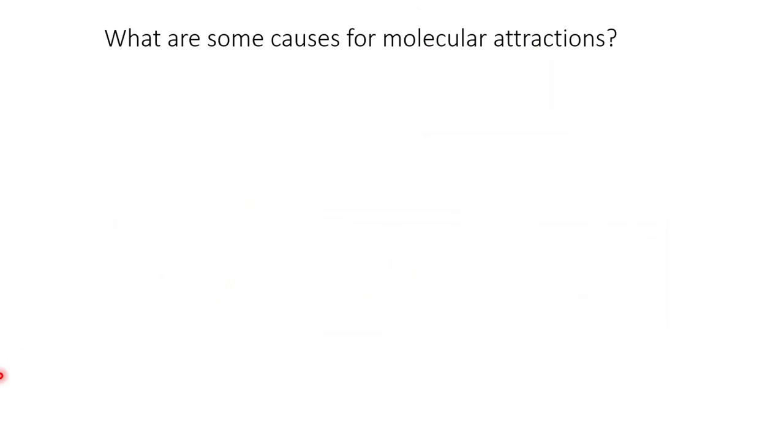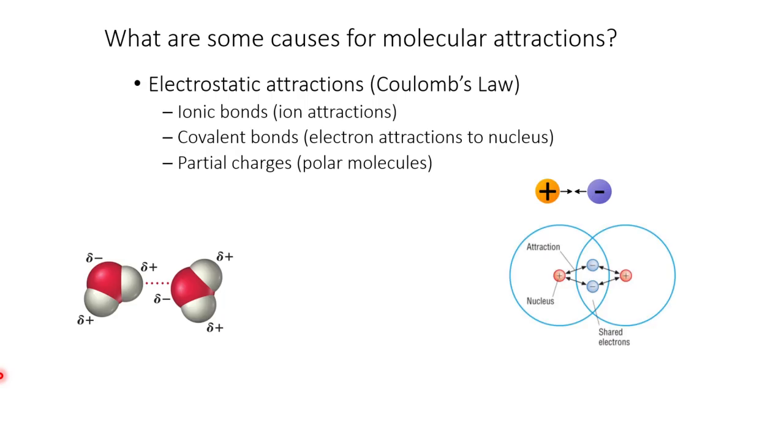So let's think about where these intermolecular attractions come from. What causes these IMFs? Well, it's just like we said with the covalent bonds, Coulomb's law. So electrostatic attractions, ionic bonds come from a full positive and a full negative being attracted to each other, like we see here.